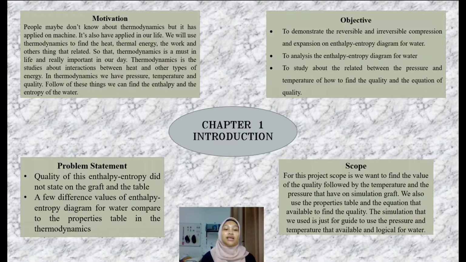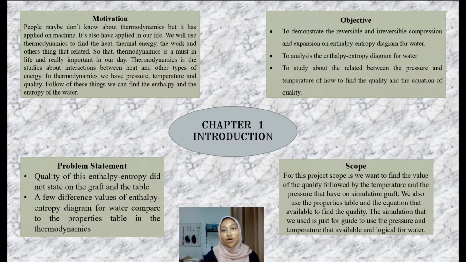The second problem is that there are a few different values of enthalpy and entropy in the diagram for water compared to the property table in thermodynamics. That's why we need to make this project, to find out what the problem is and what we can improve for these topics.